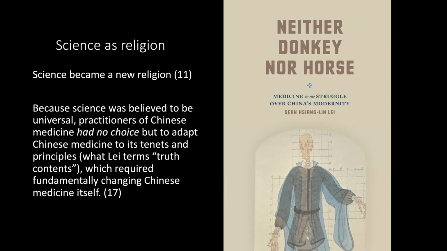It's believed to be universal, so practitioners and promoters of Chinese medicine really had no choice. In order to make sure that their medical tradition, and therefore a piece of their whole culture and tradition, could survive into the present, they had to change the truth contents, the actual fundamental ideas of what Chinese medicine is and does, hence TCM.